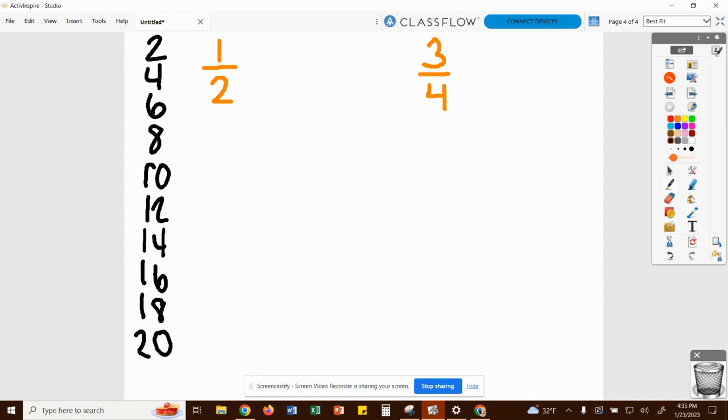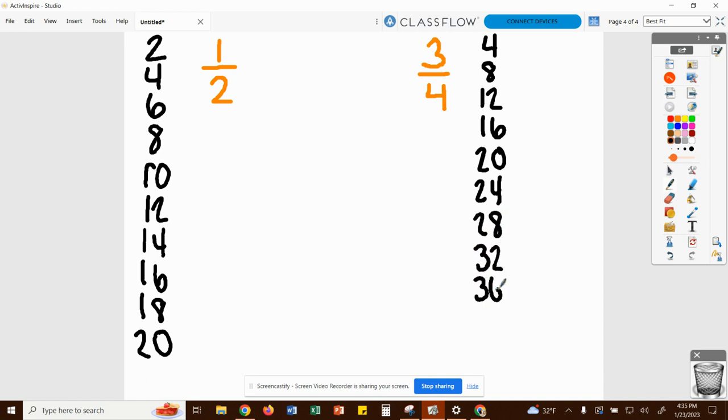Counting the first 10 because that makes sure I can typically get a match. Now I'm going to skip count by 4s. 4, 8, 12, 16, 20, 24, 28, 32, 36, and 40.